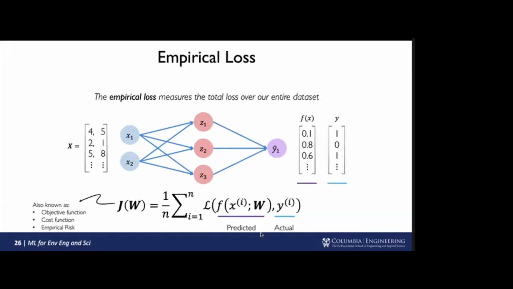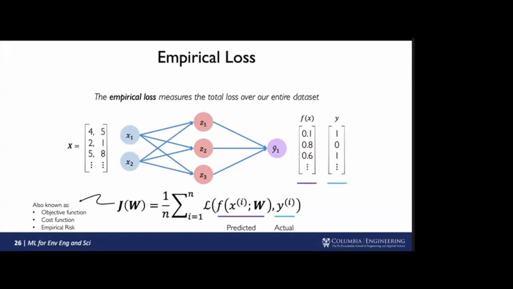So far, we have talked about a loss for one data point. In practice, we train on many data points shown here. You have multiple students, right? Each student attends different numbers of classes and spends different hours on the projects. So the empirical loss measures the total error over the entire data set.